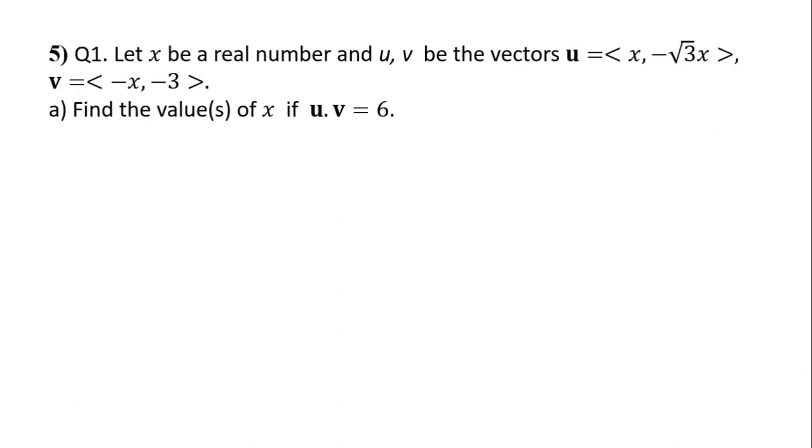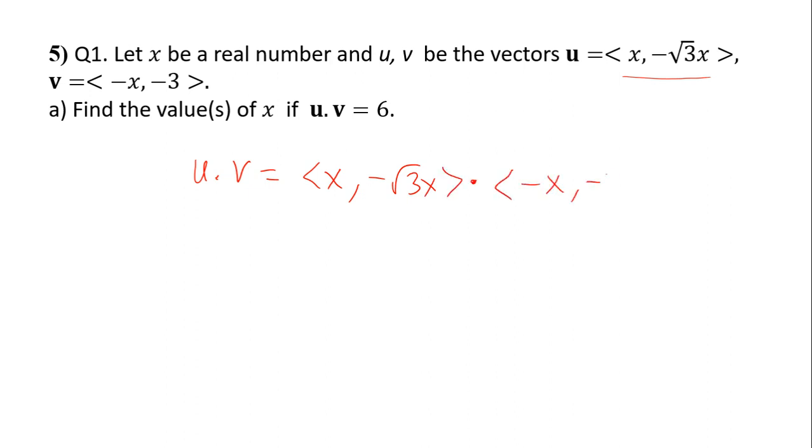Now let x be a real number and u, v be the vectors. u is x comma negative square root 3x and v is equal to negative x comma negative 3. First, find the values of x if u dot v is equal to 6. So u dot v, which is called the dot product, we do it this way.